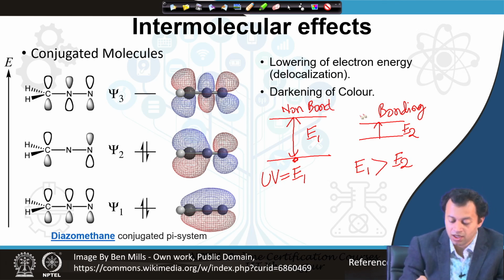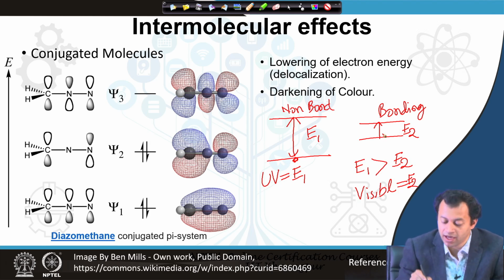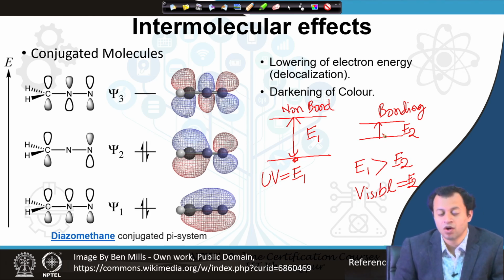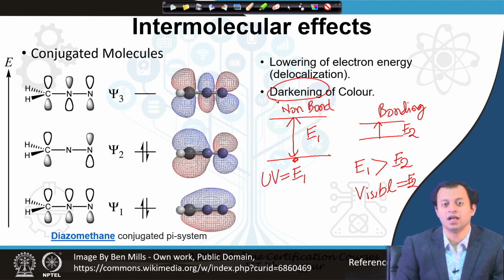But now the energy has reduced because of the bonding, and you now have to put visible light, a lower energy light, that the electron will absorb and go to the upper level. What happens when visible light is absorbed? You have darkening of color.